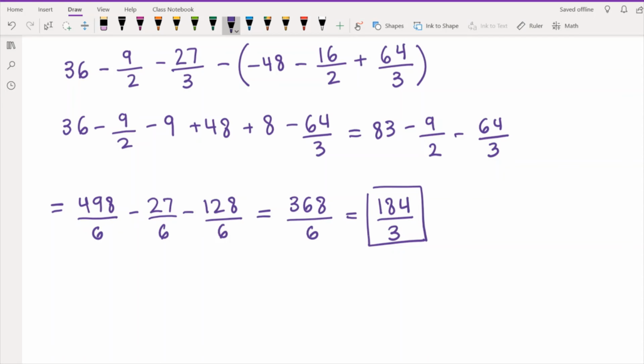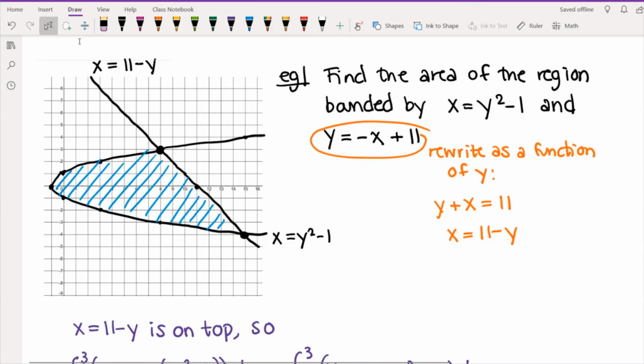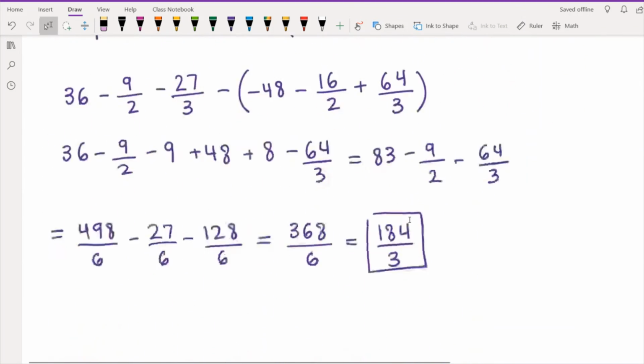Okay, so let's summarize what happened here. Basically, if your functions, instead of being functions of x, are functions of y, which is what we had here, then you do the right function minus the left function, and you're still evaluating from the smaller bound to the larger bound.